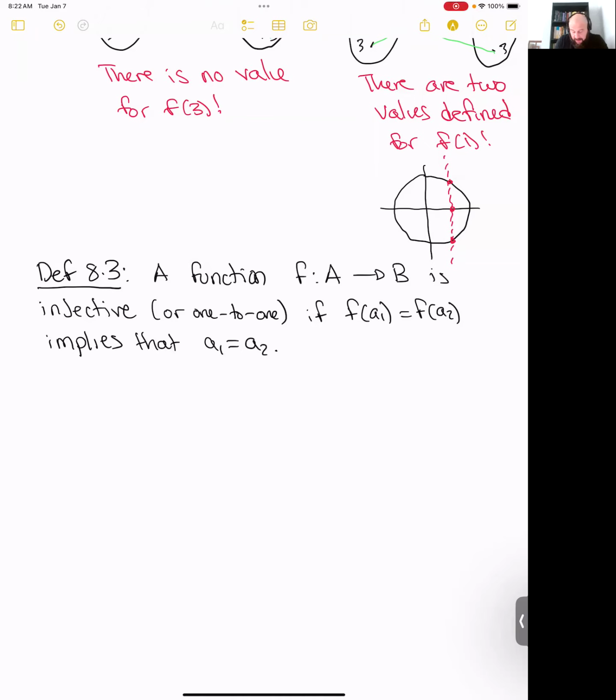So the only way you can get the same output in the codomain is if you started with the same input. Okay, good. So that's a definition.